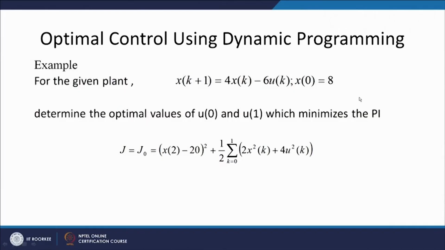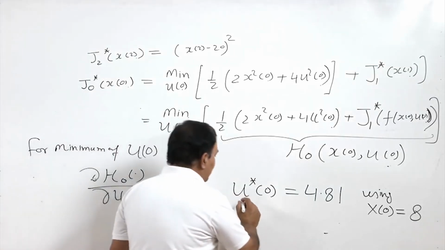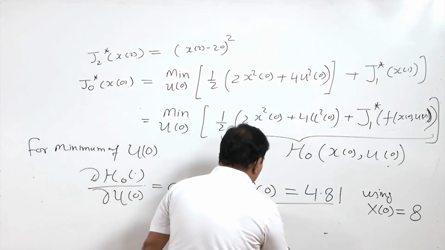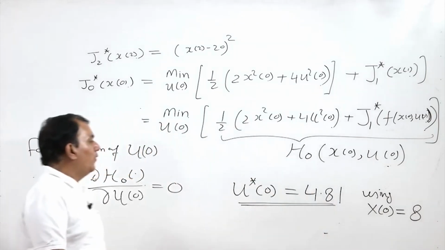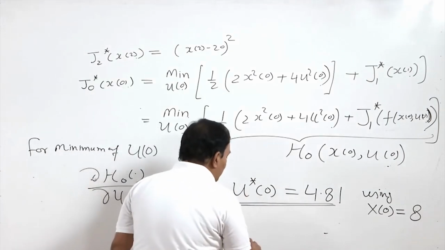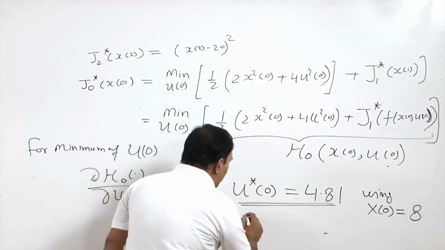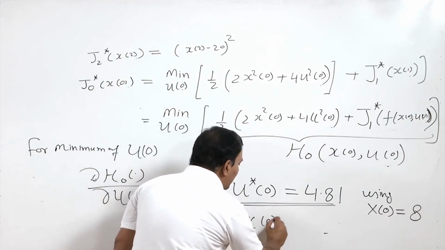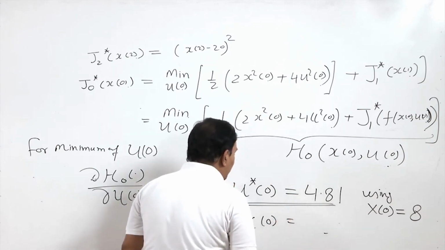If I place the value of x0 in this relation, I can find the value of u0 star as 4.81. So, at this point I know my optimal value of u0, and I also know x0 is given as 8.